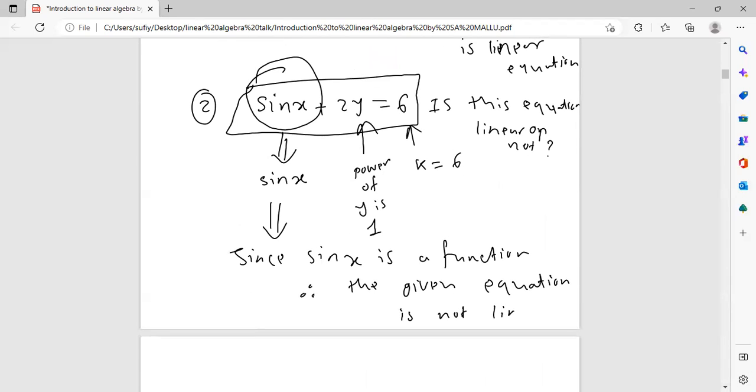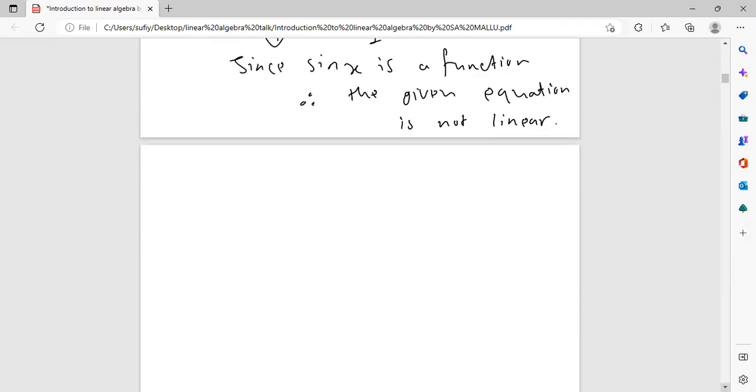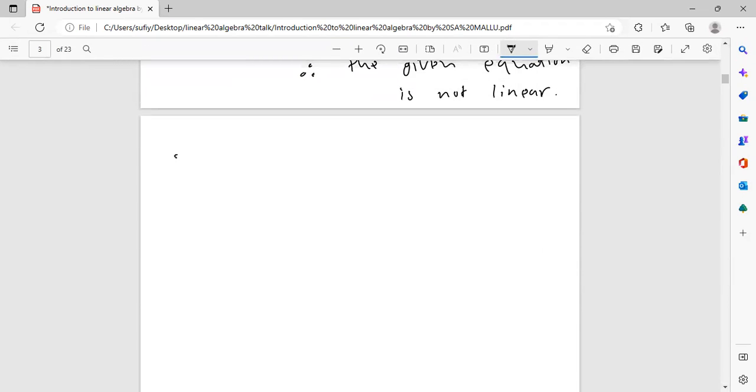Okay. Let us look at the last example before I go on. Example number 3, let's see if you guys can catch this. I'll give you just a few seconds to try to figure it out on your own and see if you can follow what I'm trying to emphasize in this definition. So let's say you have pi x plus 2y equals 3.